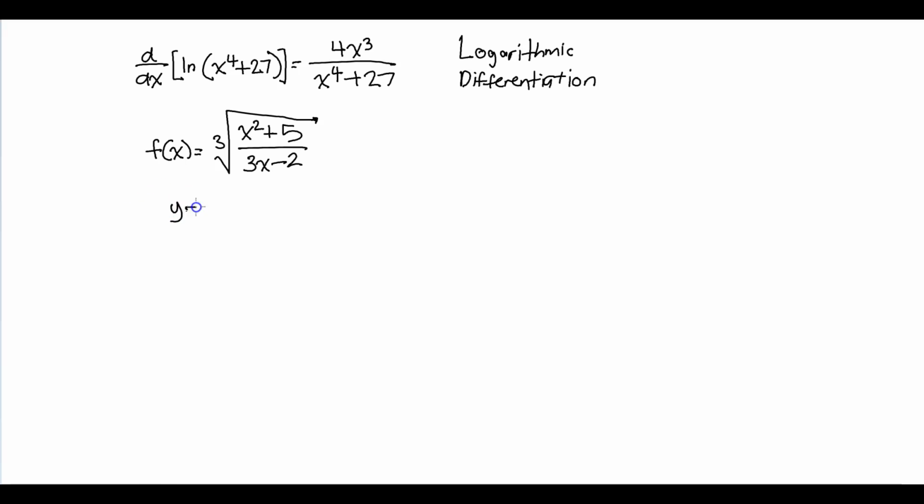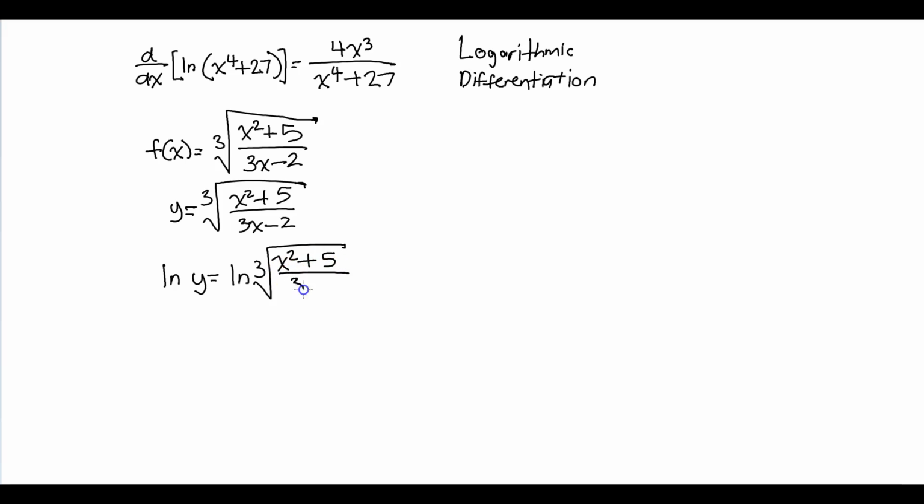So let y equals the cube root of x squared plus 5 over 3x minus 2. Now let's take the ln of both sides. So ln y equals ln of the cube root of x squared plus 5 over 3x minus 2.